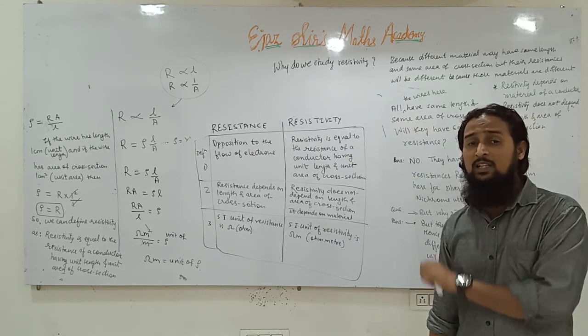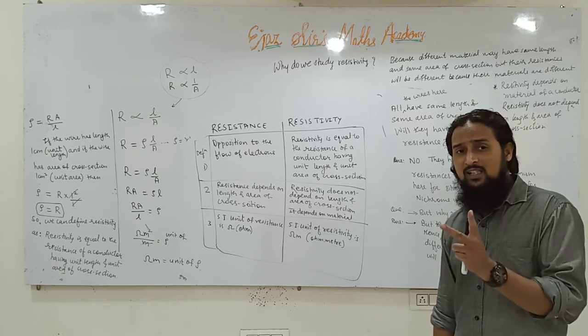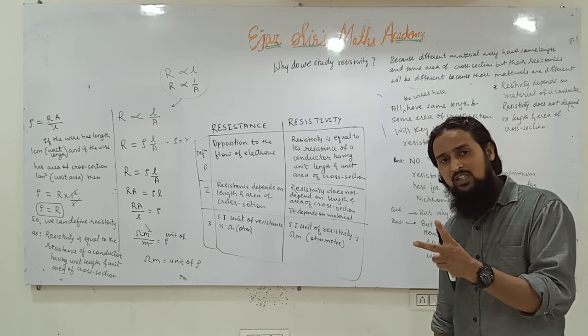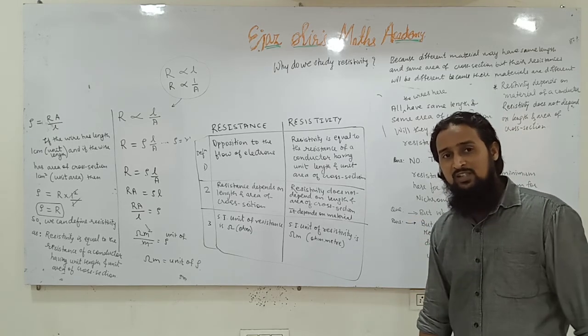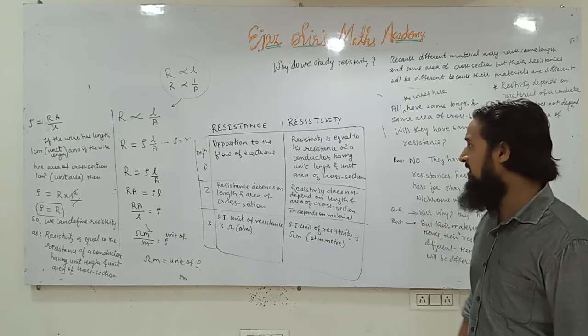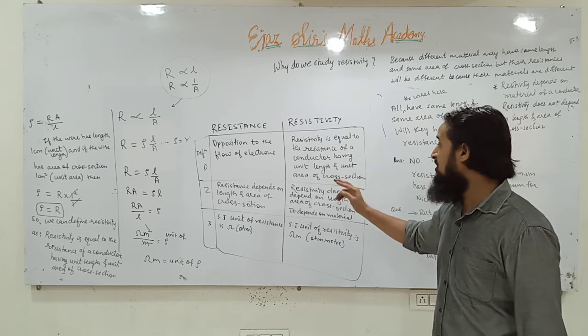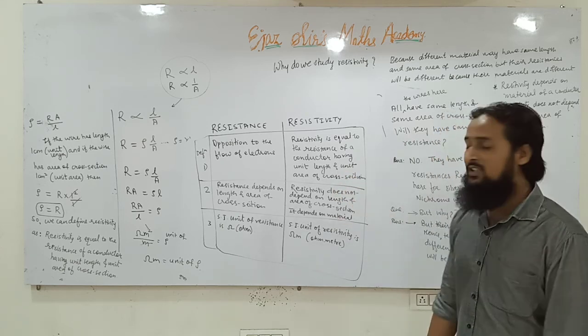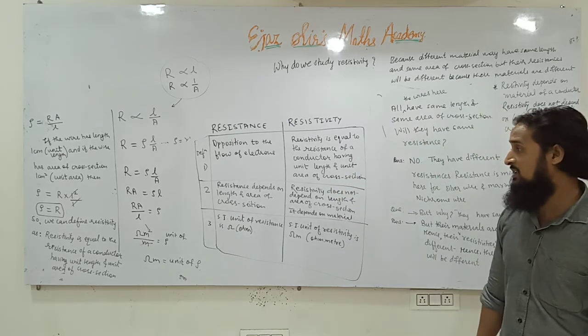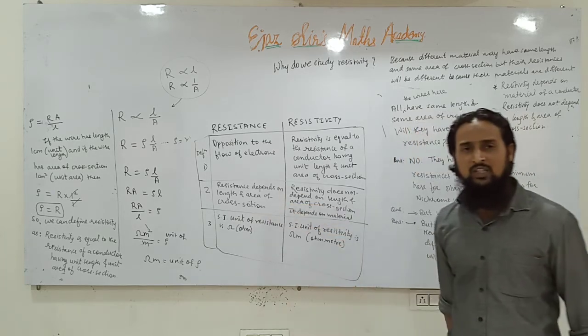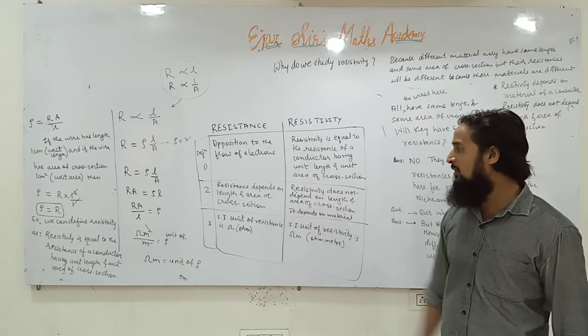Resistance depends on length and area of cross section. If two wires have the same length and same area of cross section, their resistances should be the same. But if their materials are different, then their resistances will not be the same, because their resistivities will be different. Resistivity depends on the material of the conductor. Resistance also depends on material, but it depends on length and area of cross section also.